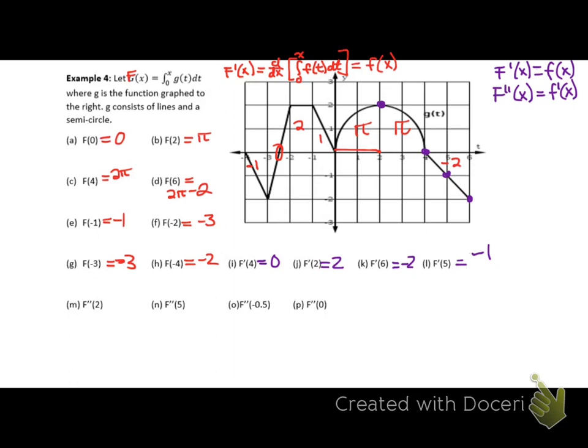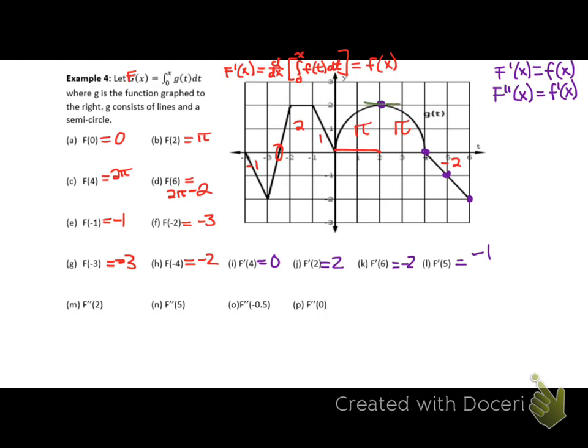Well, the derivative of the graph is the slope of the tangent line. So what I'm really doing for F double prime is finding the slope of the tangent line of the graph at that particular point, which will be possible because they only ask specific ones where we can find the slope of the tangent line. So let's look at F double prime of 2.